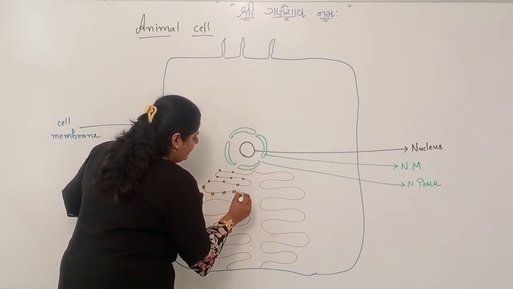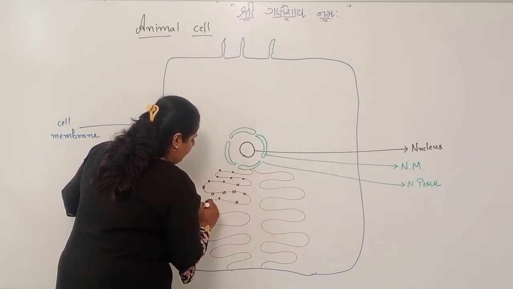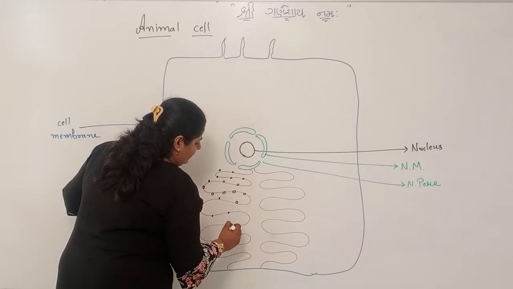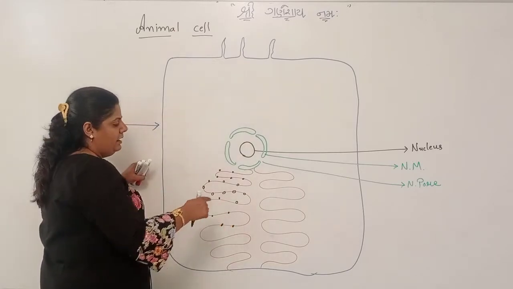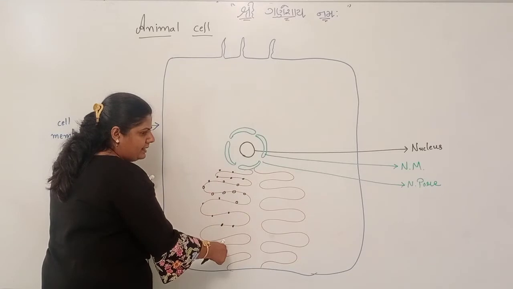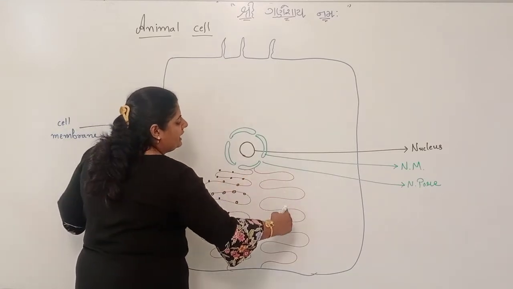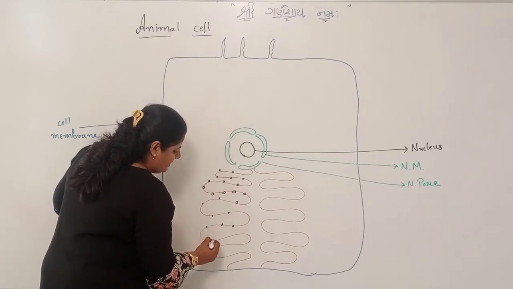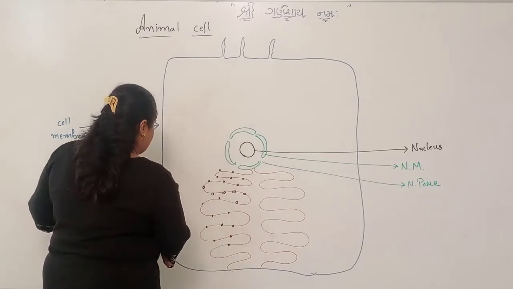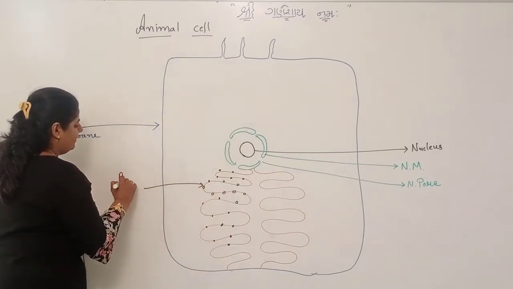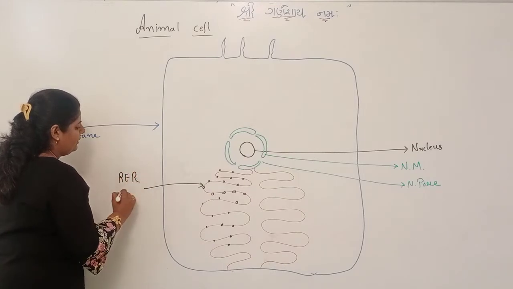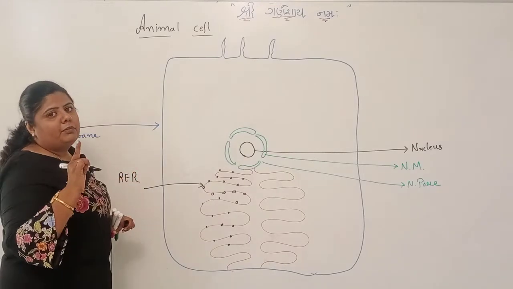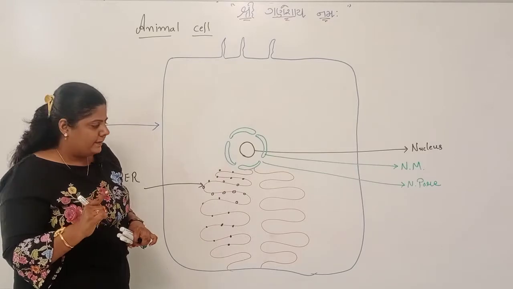That's why it's called rough endoplasmic reticulum. For example, a face with pimples, a face without pimples, smooth surface, rough surface. So this is rough endoplasmic reticulum and its function is protein synthesis.